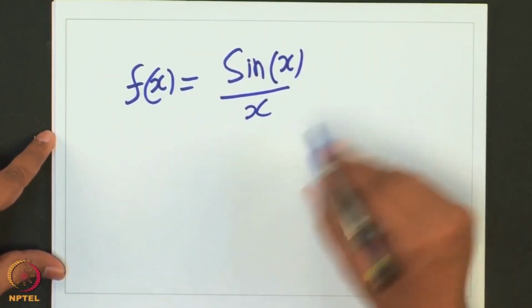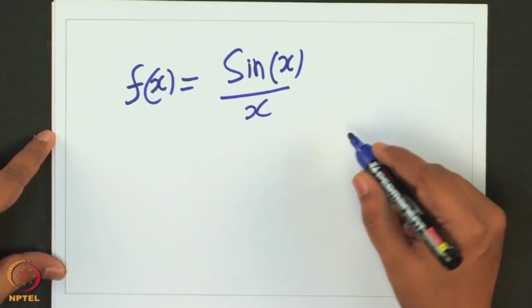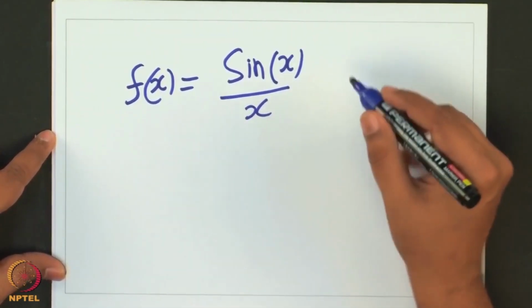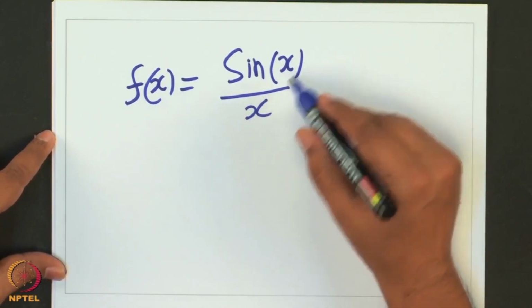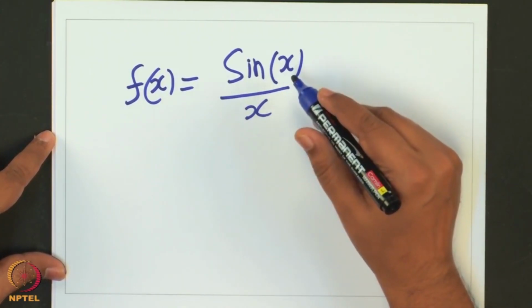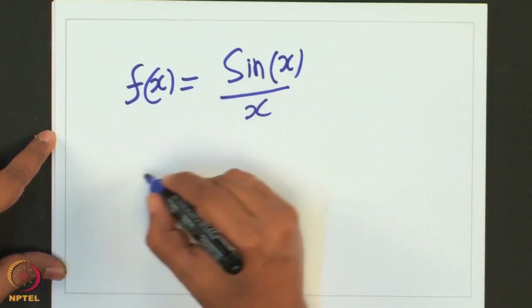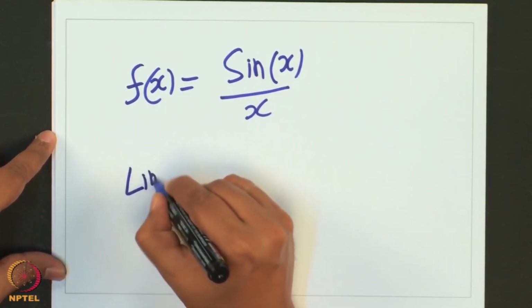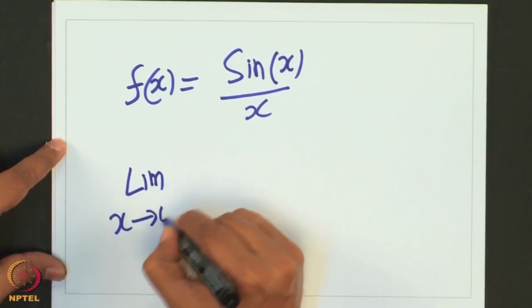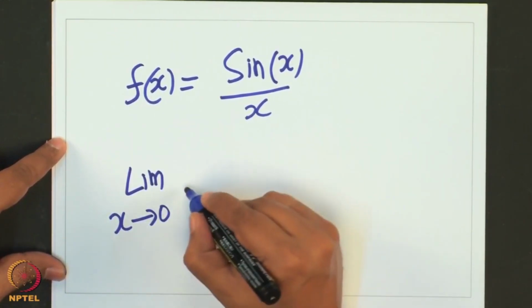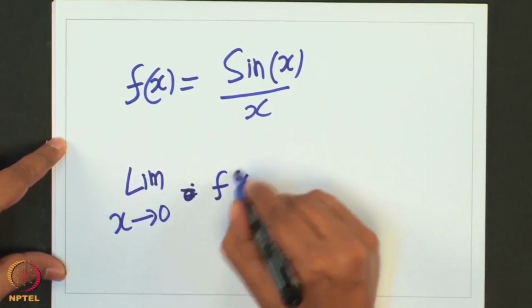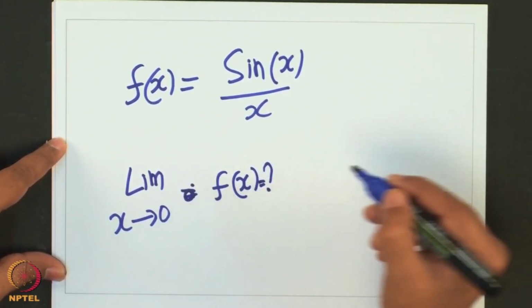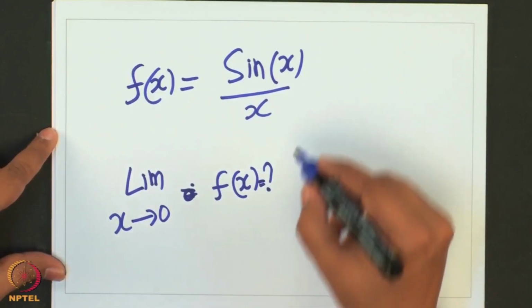If you want to plot this function, you would want to evaluate it at different points. So what is the value of the function as x goes to 0? What is f of x? This is something that you would want to know.